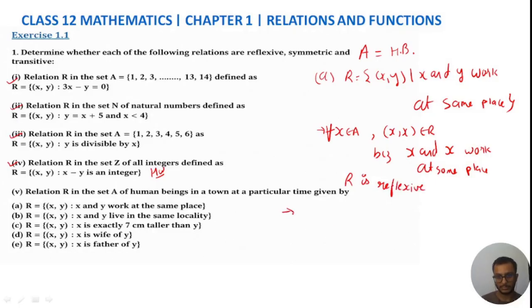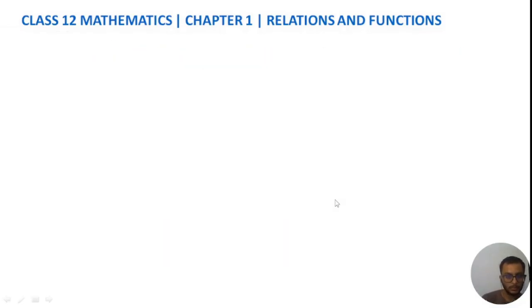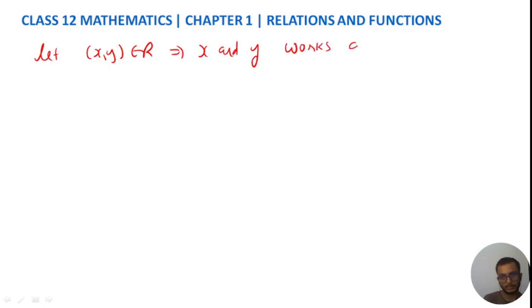Now let's see symmetric. Let (x, y) belong to R. What does this mean? x and y work at the same place. But this also means that y and x work at the same place.